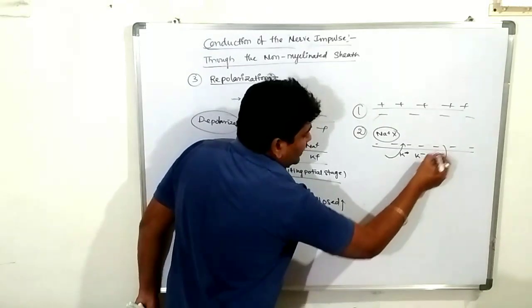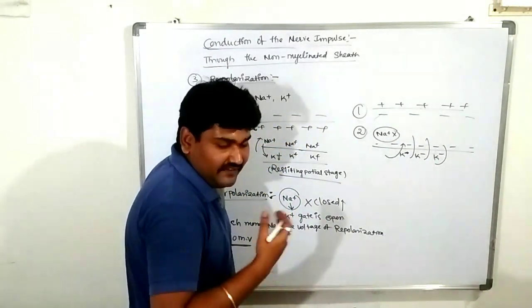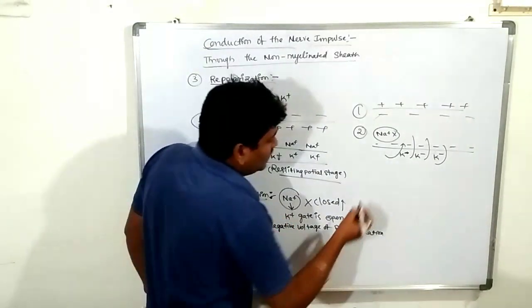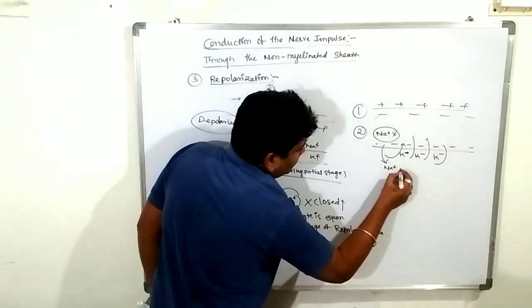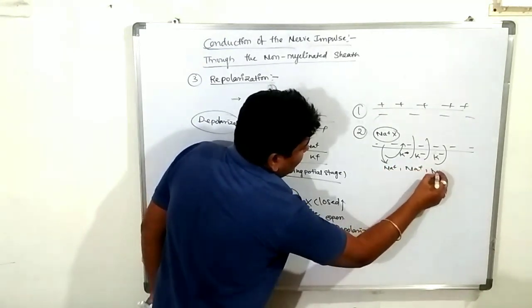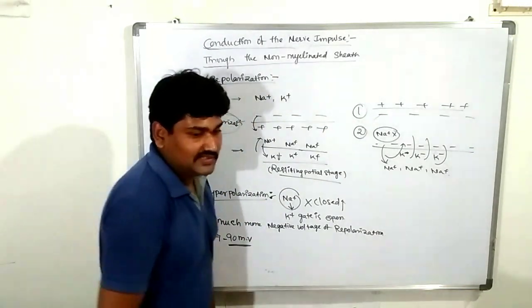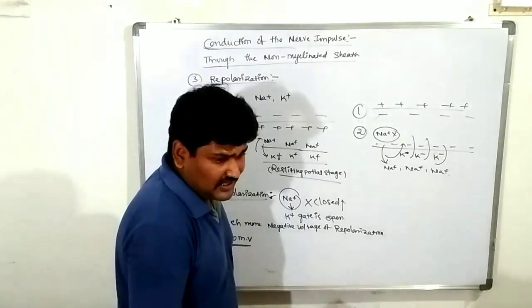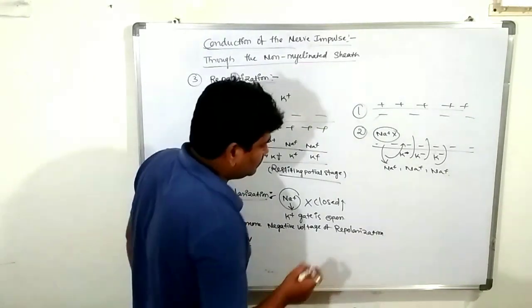A greater amount of sodium enters into the axon region, the potassium gates will become open, so the potassium ions enter into the axolemma. So this is called hyperpolarization. It is also an exchanging of the polars.